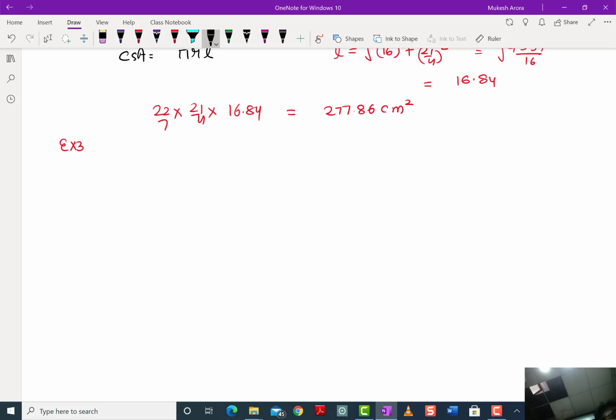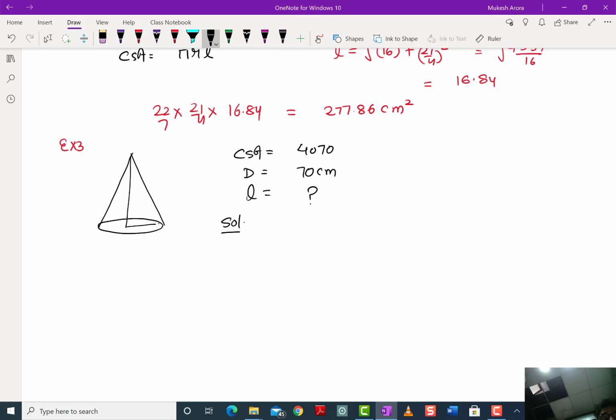Example 3. The curved surface area of a cone is 4070 and the diameter is 70 centimeter. What is the slant height? In every question, if you draw the figure, then it will be more beneficial. Curved surface area is pi r L, which is equal to 4070. 22 by 7, r is 35, L we have to find.